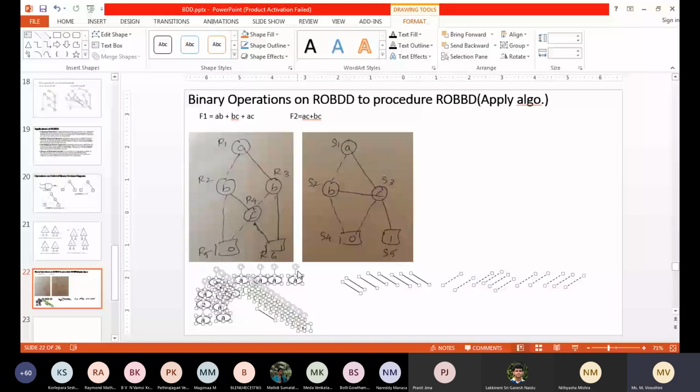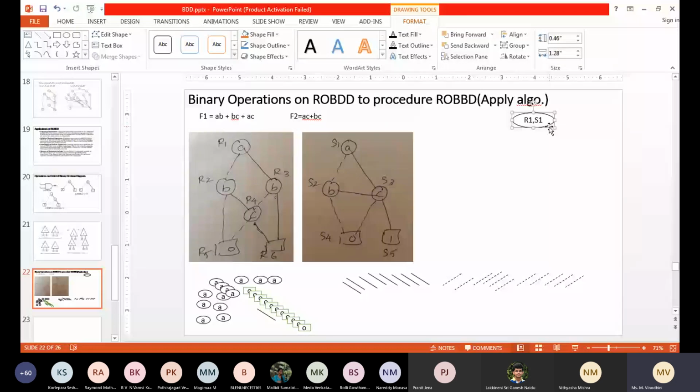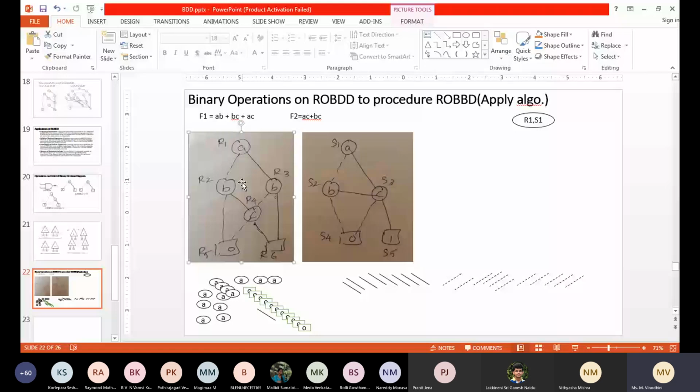Inside this, I'm writing R1, comma, S1. Now I'm going to consider this ROBDD with this variable, and the next ROBDD with this variable. I'm going to draw another diagram now.